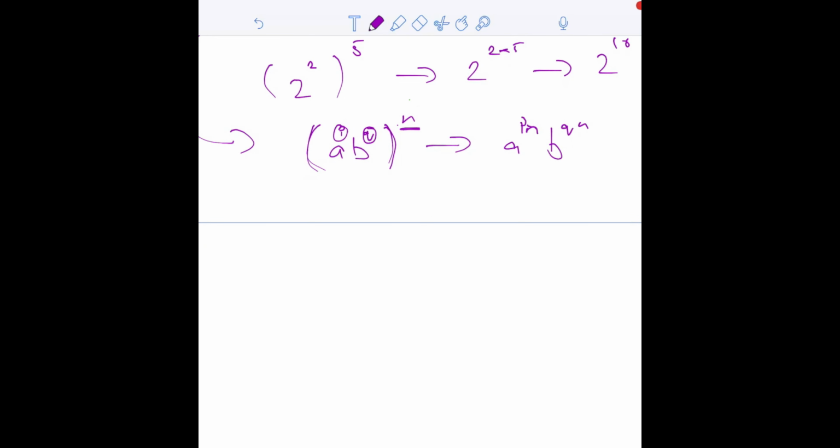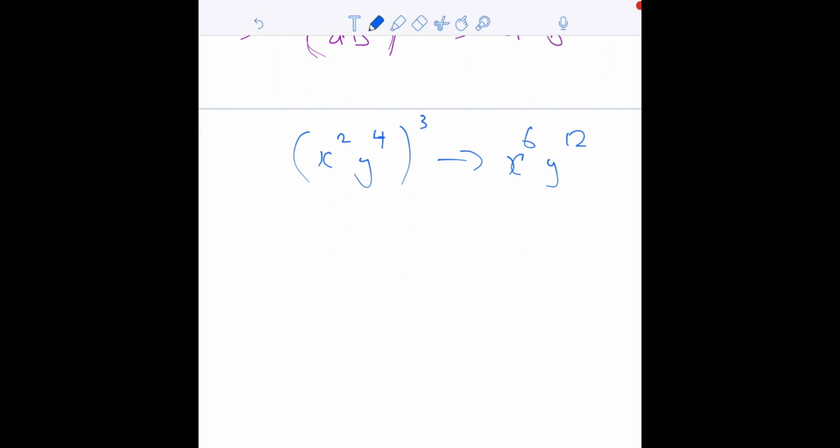For example, let's say you had x to the power of 2 and y to the power of 4, and the outside power is 3. So this gives you x to the power 2 multiplied with 3, which is 6, and y to the power 4 threes are 12. So this is what it gives you.